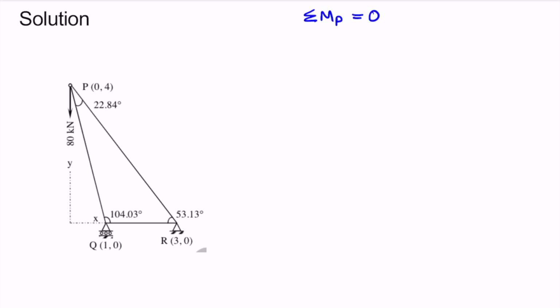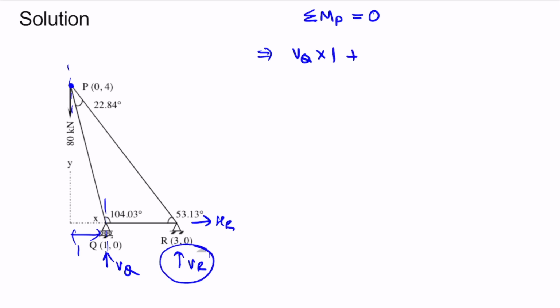So let's mark the forces again: HR, VR, and VQ. So we will have VQ multiplied by the distance between this P and line of action of this force VQ. This distance is 1 meter. So we'll write 1, plus we have another force VR.